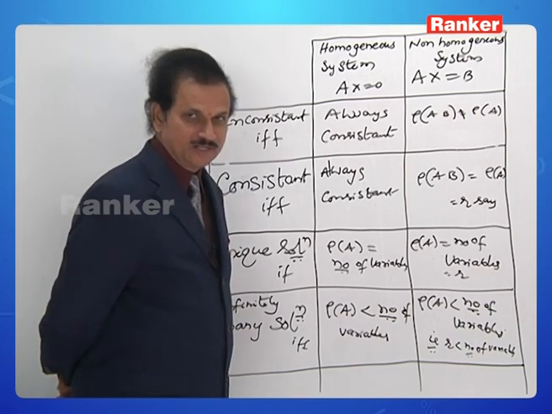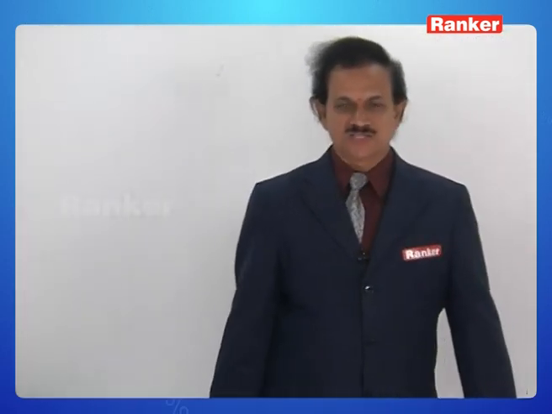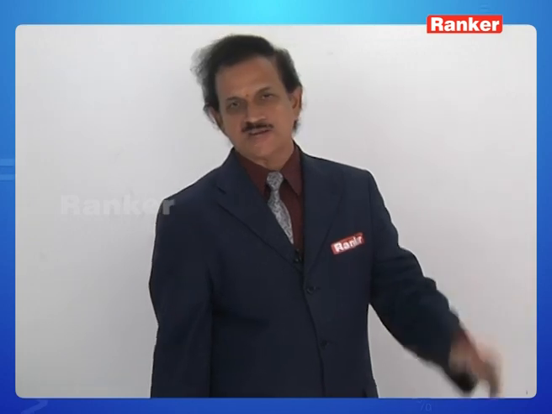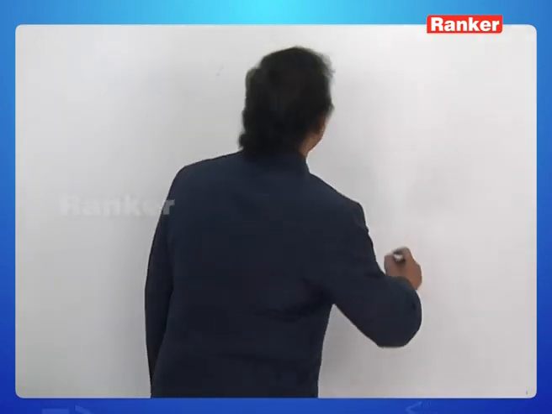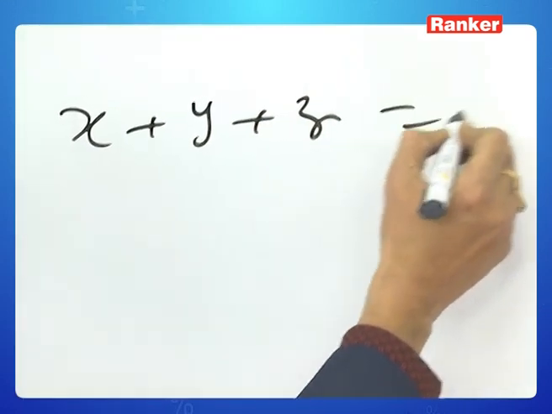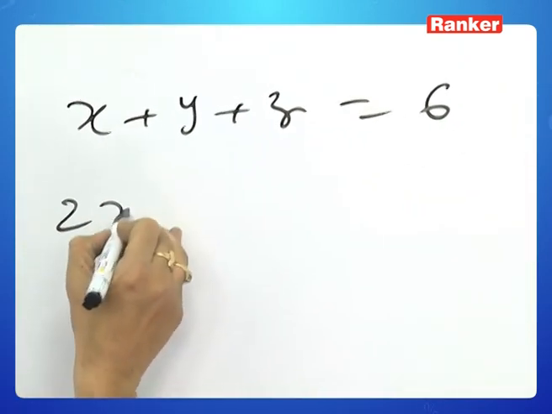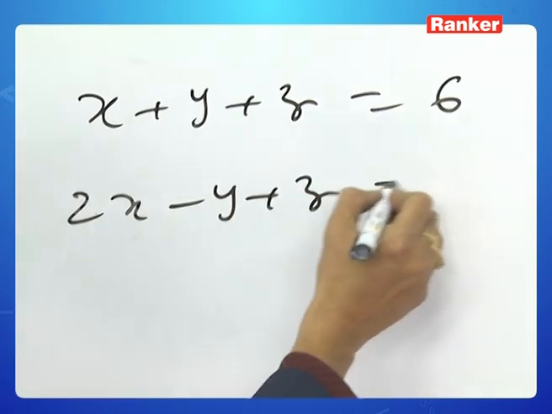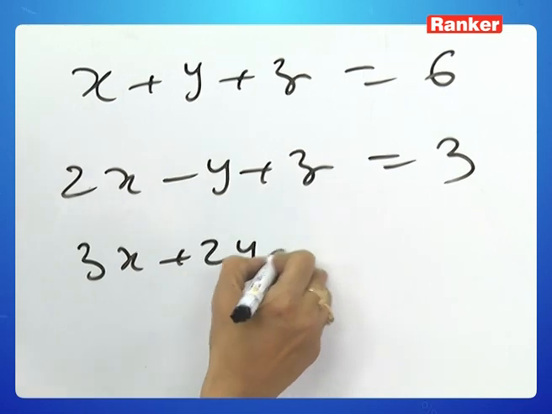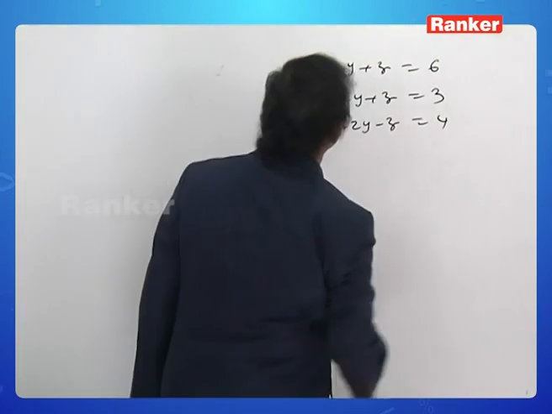Follow them very carefully. Now, let us focus our attention on non-homogeneous system of equations in view of an example. Consider a system of equations: x plus y plus z is equal to 6, 2x minus y plus z is equal to 3, 3x plus 2y minus z is equal to 4.